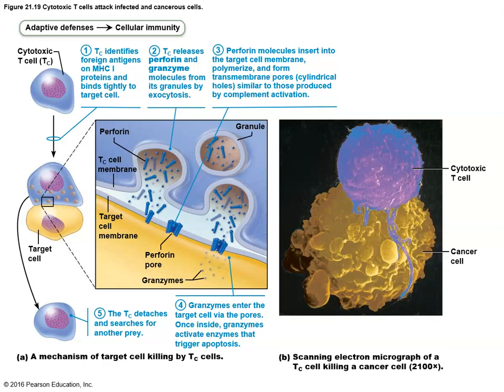They poke holes in it, and it basically lyses and bleeds to death at that point. They can also introduce some other enzymes that are very strong digestive enzymes inside. So once you've poked the holes, then you can dump these other digestive enzymes inside, which destroys it from the inside out. It's a nice little image there of that cytotoxic T cell getting ready to kill that cancer cell.